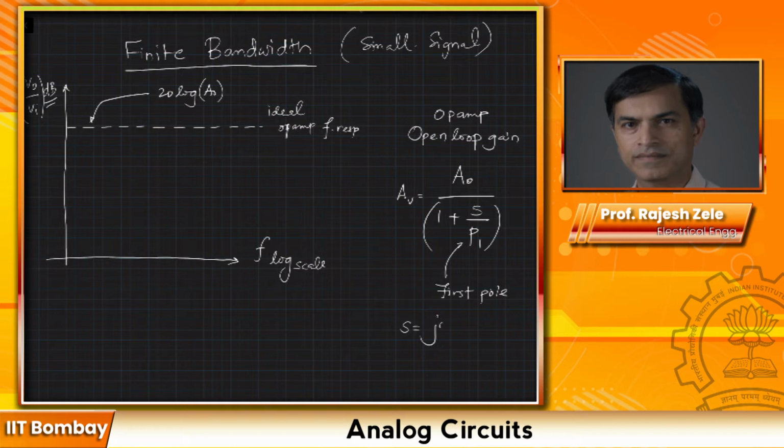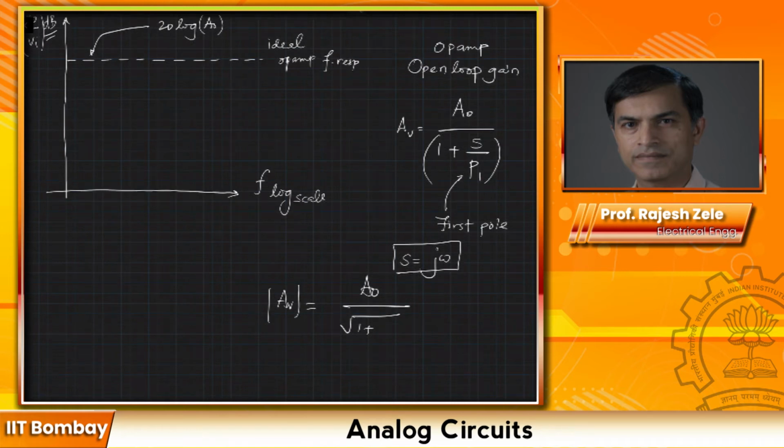So when we do frequency domain analysis, we substitute s is equal to j omega. And you can quickly see that when your frequency is equal to the pole frequency, the magnitude of Av will look like A0 divided by square root of 1 plus (omega divided by P1) squared.